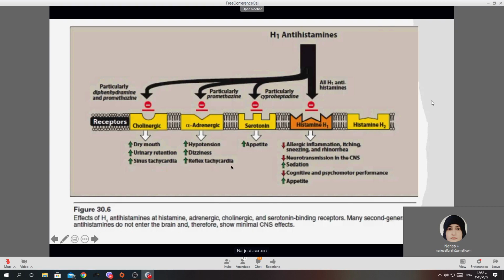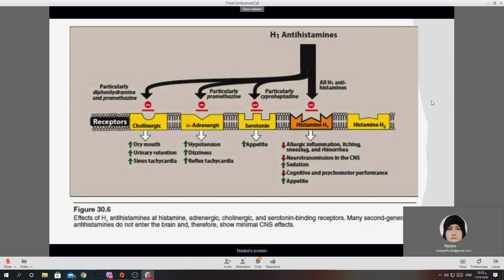In this slide, it basically shows the action of histamine blockers, the H1 blockers. They decrease inflammation, itching, sneezing, and rhinorrhea.